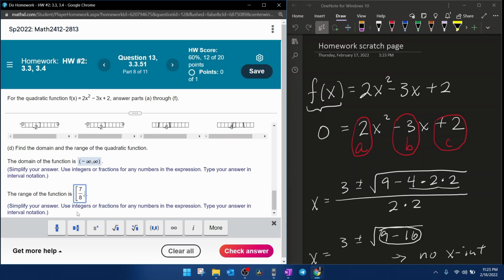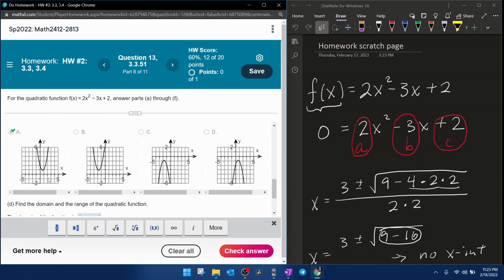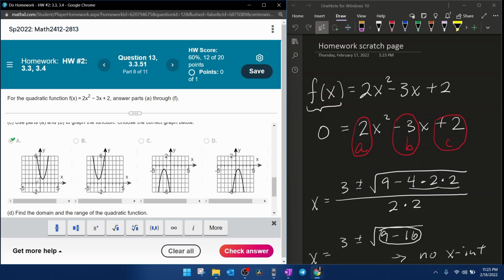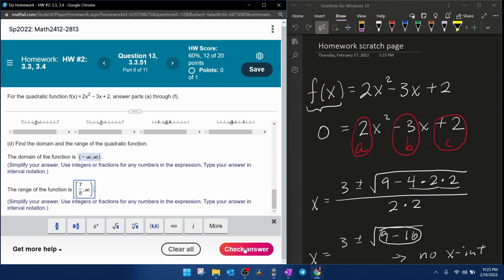In interval notation, that is going to be everything from 7/8. Did I make it clear that that is always the y-coordinate of the vertex? To infinity. Infinities always get a parenthesis. And again, the infinity is on the right because the graph opens up. It's going to go up to infinity.